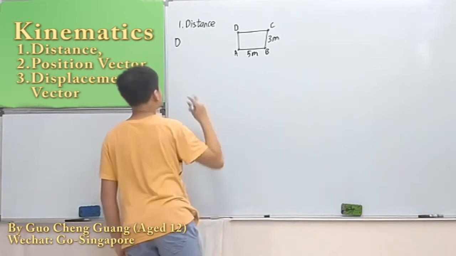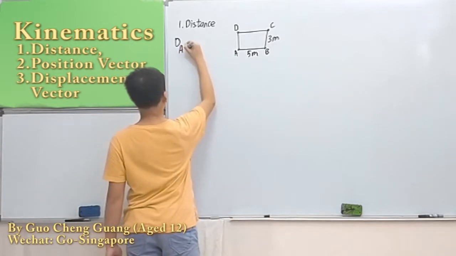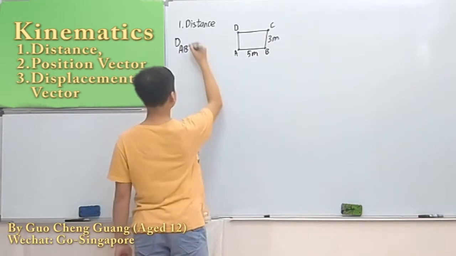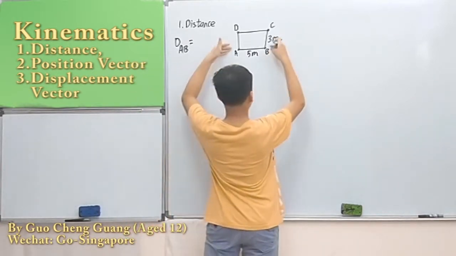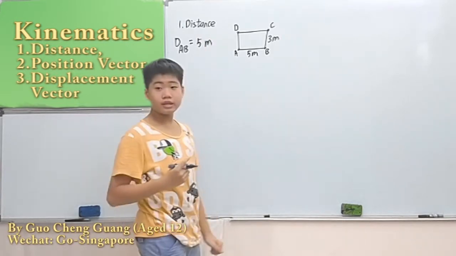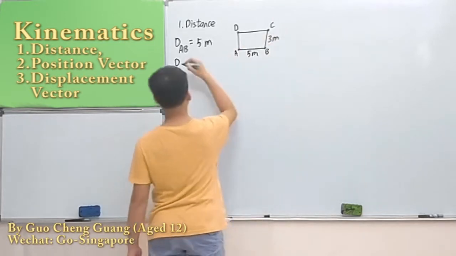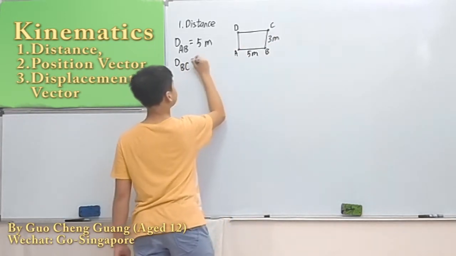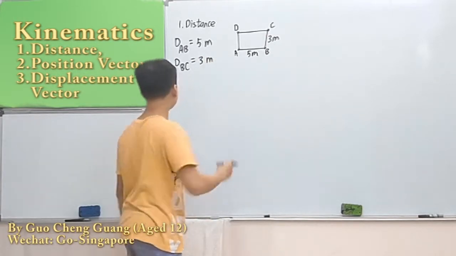Then they might ask for the distance from A to B. From A to B is this part, so it is 5 meters. The distance from B to C is 3 meters.